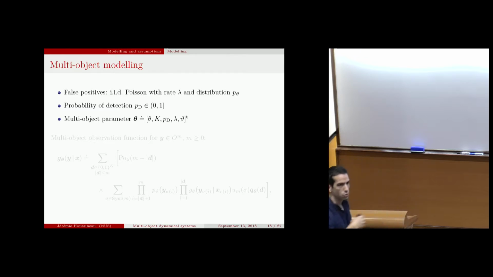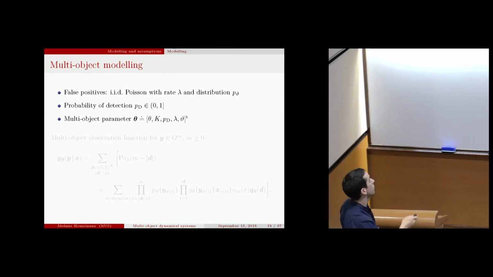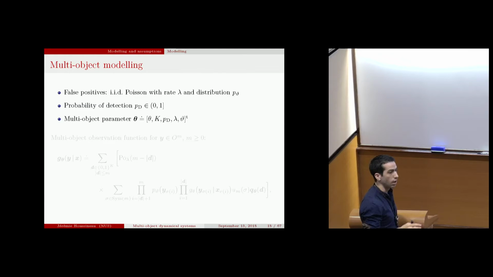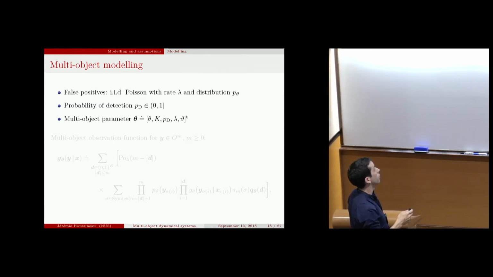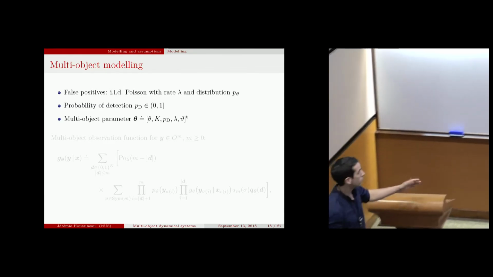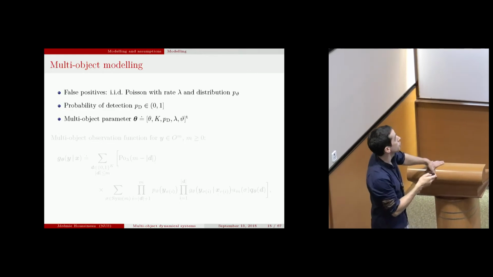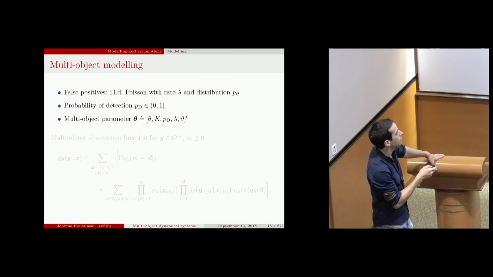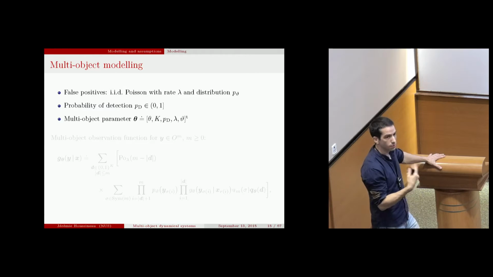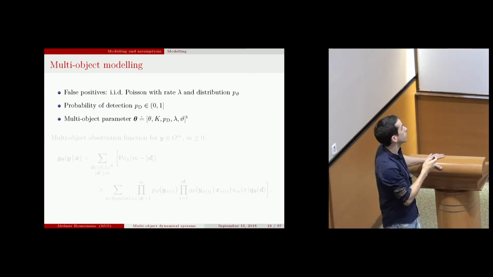You pick how many false positives you're going to have, and then you draw them i.i.d. from some distribution, very usually a uniform distribution. Then the probability of detection, the probability to see the object if it's actually there, is just PD, some number between 0 and 1, hopefully not too close to 0.